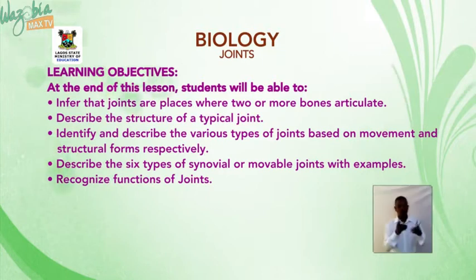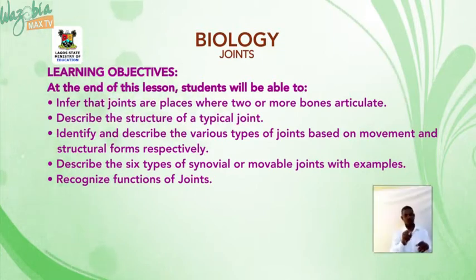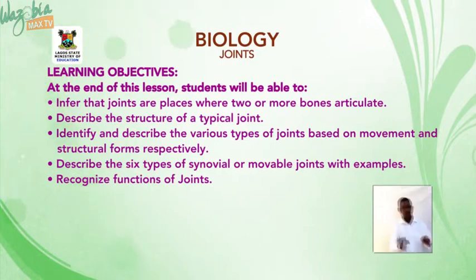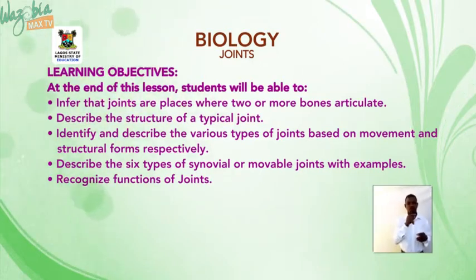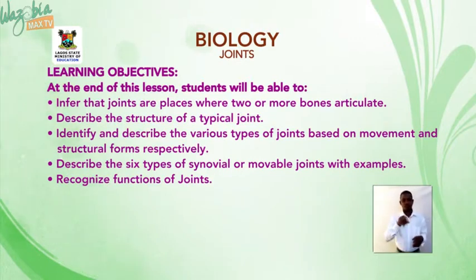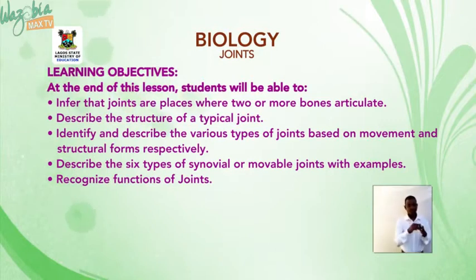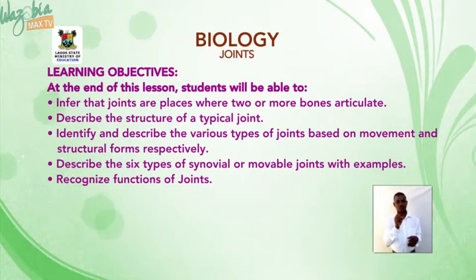Identify and describe the various types of joints based on movements and structural forms, respectively. 4. Describe the 6 types of synovial or movable joints with examples. And 5. Recognize functions of joints.